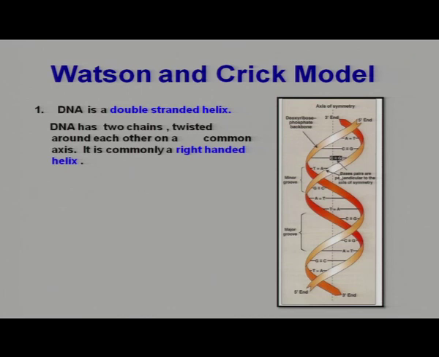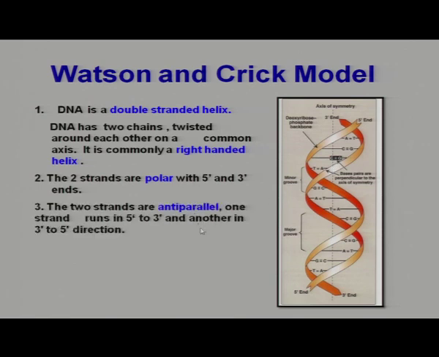You can see in the picture the DNA is double stranded, one this strand and the other is this strand, which are twisted with each other. Second point of this model is both these 2 strands have polarity. Polarity means they have a 5 prime end and a 3 prime end. Both these 2 strands have this 5 prime end and 3 prime end.